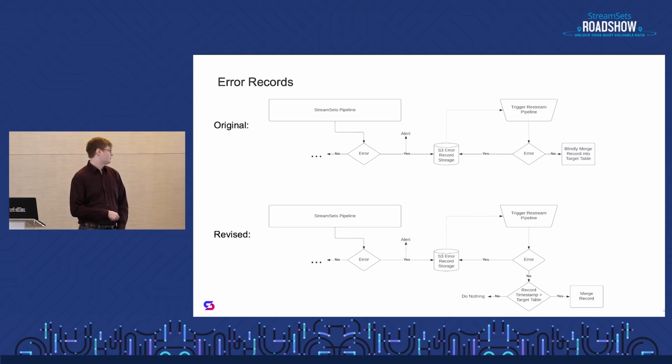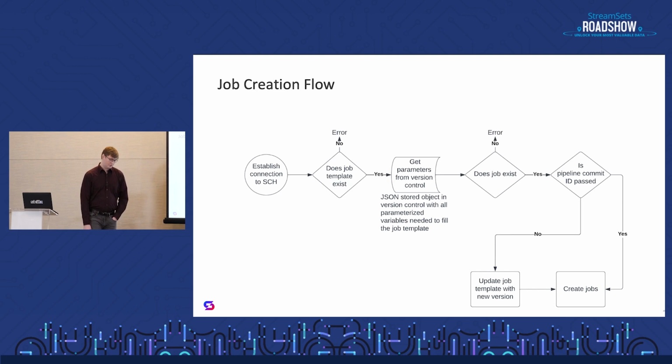So for the revised version, the difference between that and the original version is just that record timestamp that we're looking at. We also have, so right now we don't have any proper, I guess, automated CI/CD that occurs whenever we update pipelines. It deploys it across our SDCs and updates the jobs and all that.